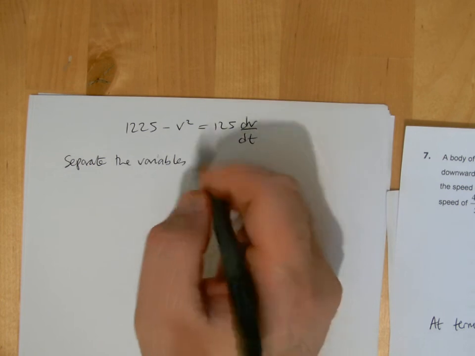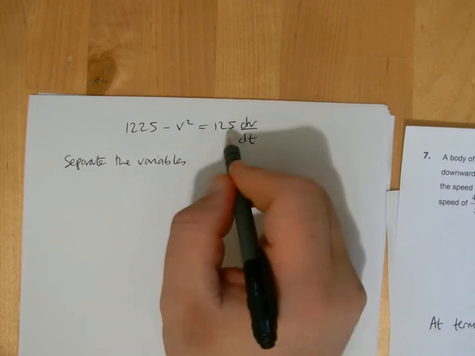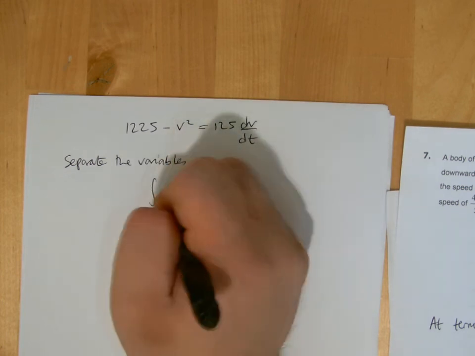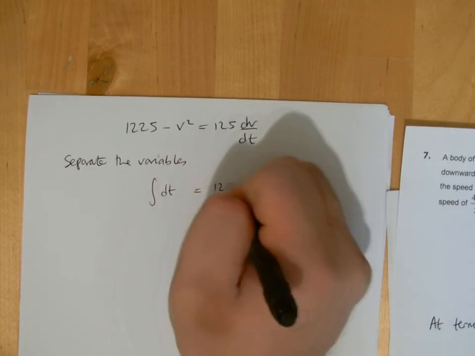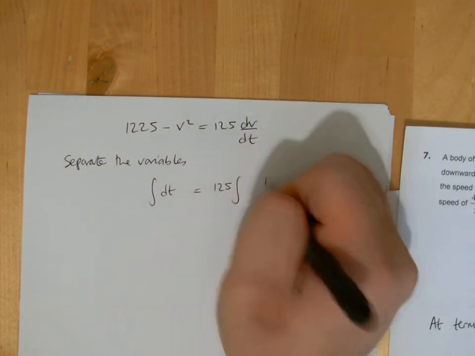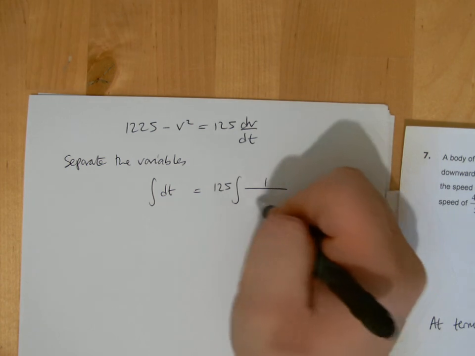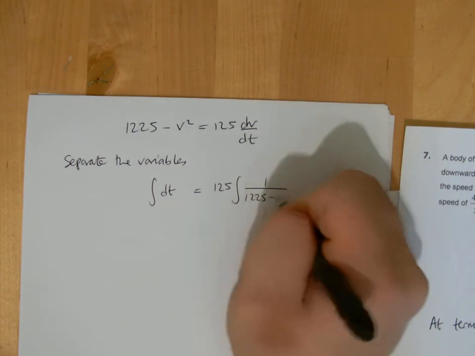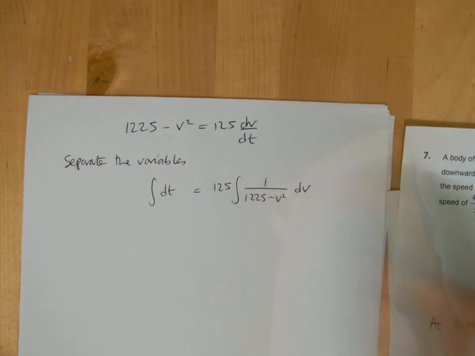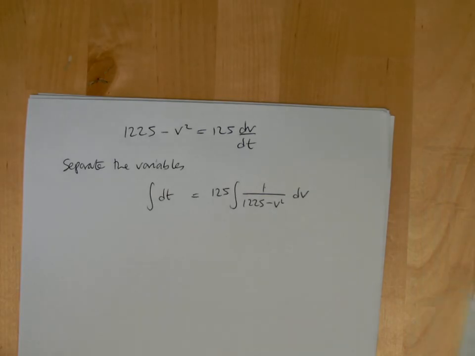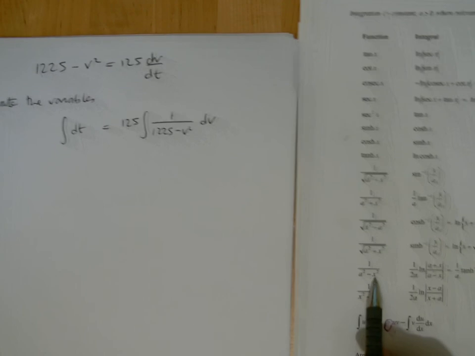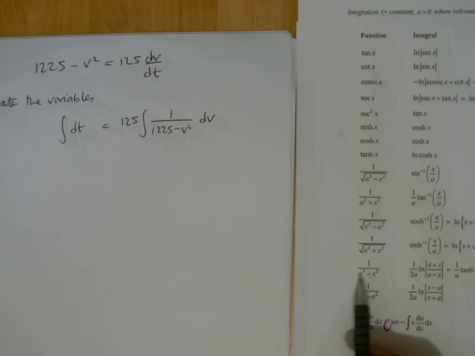So keep the 125 where it is, take the dt up, put the 125 outside because it's a multiplying constant, and you take the constant out there and you get this. Now on the bottom there, we can apply the standard integral, and again it just goes back to the one we've used previously. This one here, a squared take away x squared, is that.